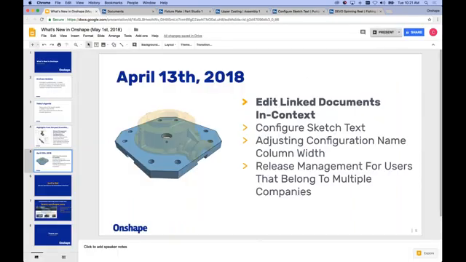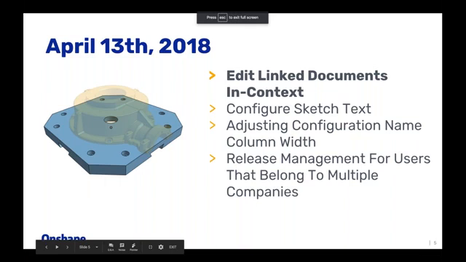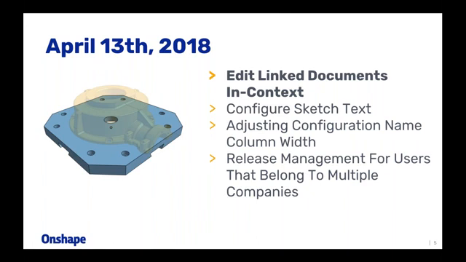So that's really the last thing that I wanted to mention here, and that is just adjusting the configuration name column width. Again, sounds silly, but things like item number, quantity, you couldn't resize that, and if you wanted to add a lot of things to your bill of materials, it quickly got very, very big. It took up a lot of screen space.